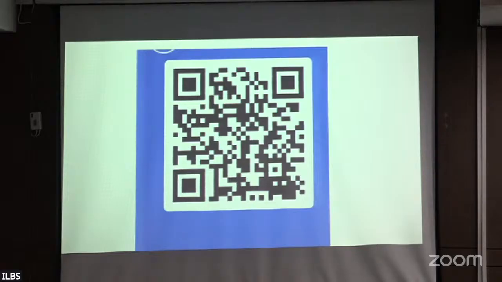So, ma'am is still scanning the QR code. Everybody has started.